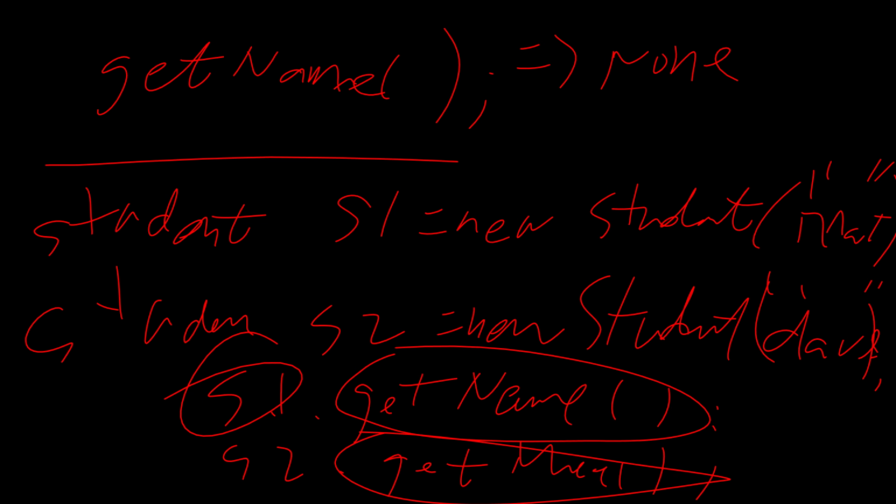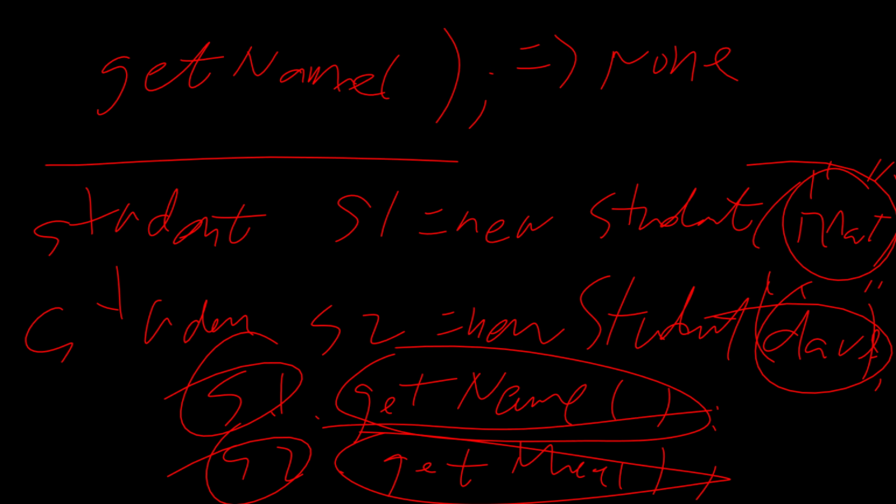This object has a name Matt. The s2 object has a name Dave, right? Once you call the same method, they return different variable values, right?